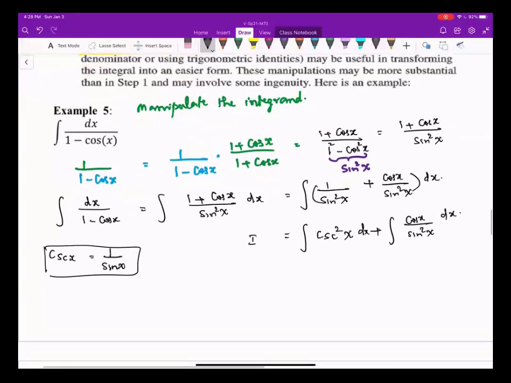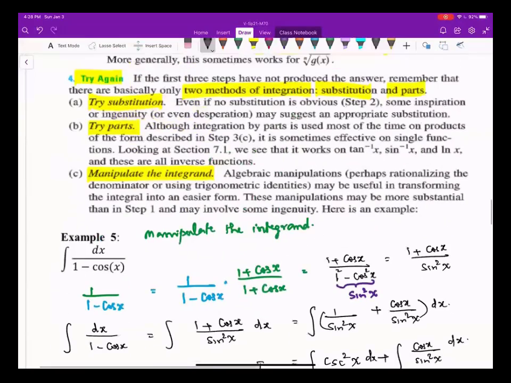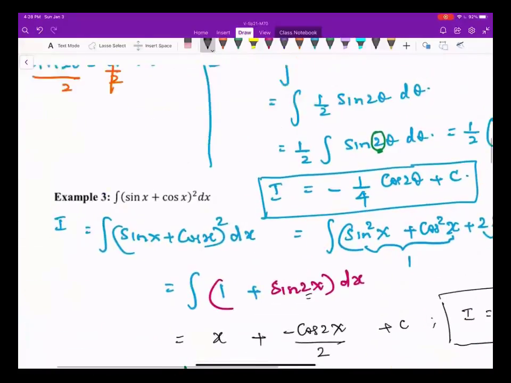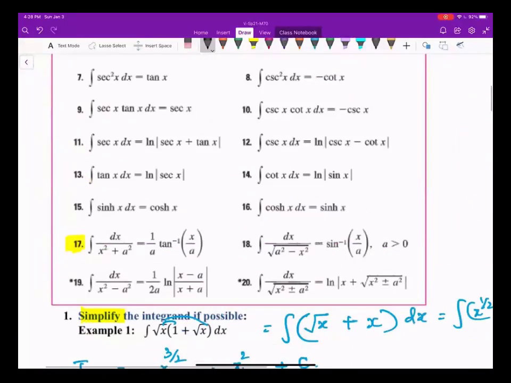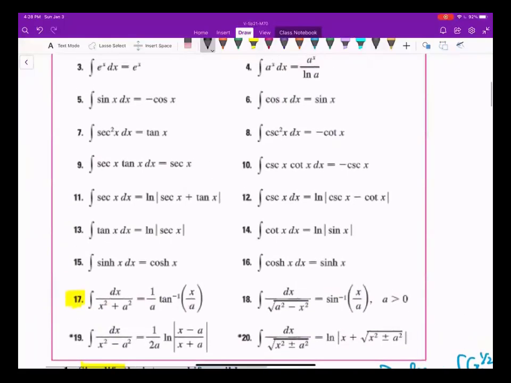This is I. So the integral of cosecant squared x is negative cotangent x. You might have seen that in the formulas: the derivative of cotangent x is negative cosecant squared x. So the integral of cosecant squared is negative cotangent x.